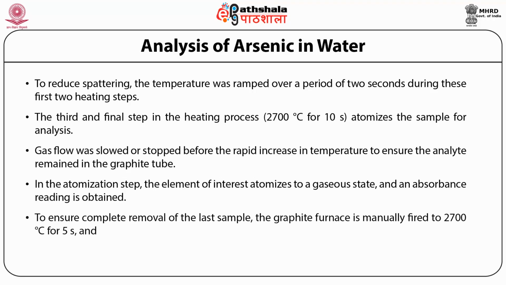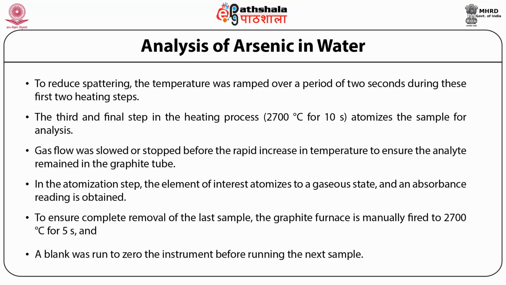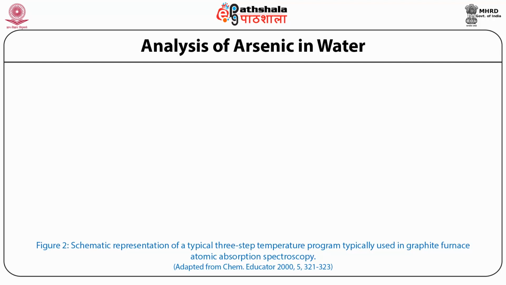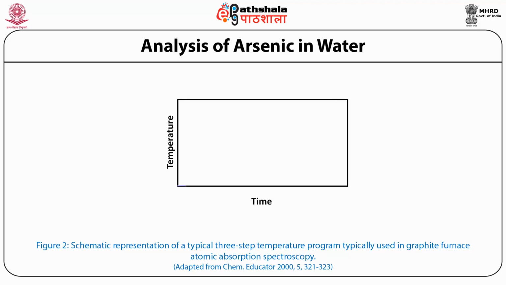To ensure complete removal of the last sample, the graphite furnace is manually fired to 2700 degrees centigrade for 5 seconds and a blank is run to zero the instrument before running the next sample. This slide shows the schematic representation of the three-step temperature program.